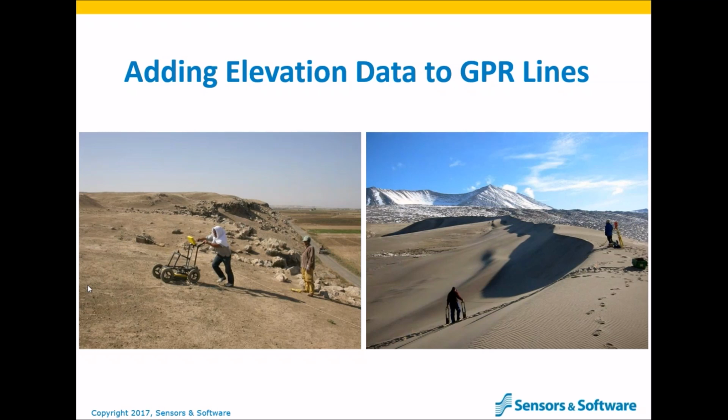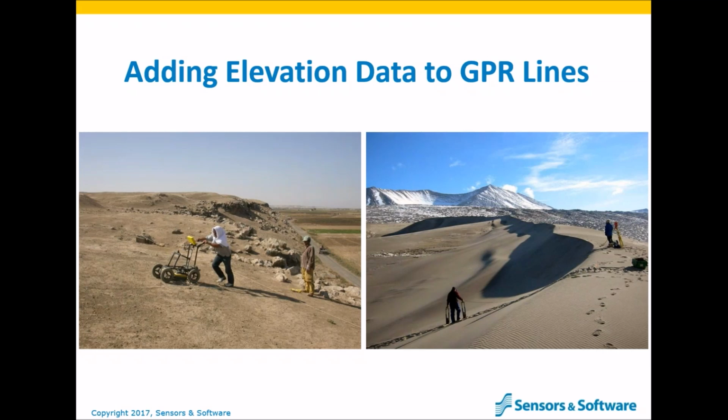And sometimes that topography can affect how you interpret your GPR data. Now, unfortunately, the GPR system does not collect elevation data. Elevation data needs to come from some other source and added to the GPR data. I'm going to show you two ways of adding elevation data to your GPR line.